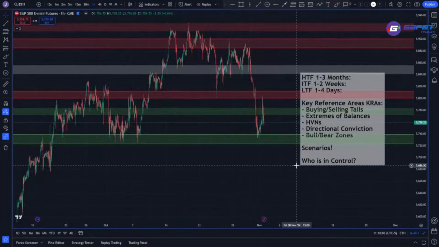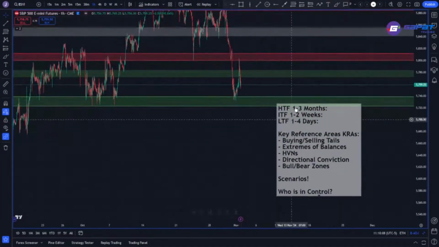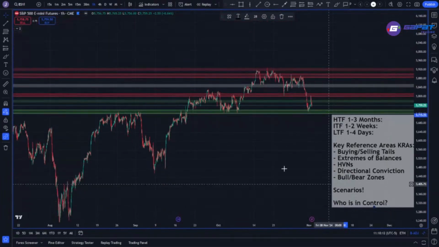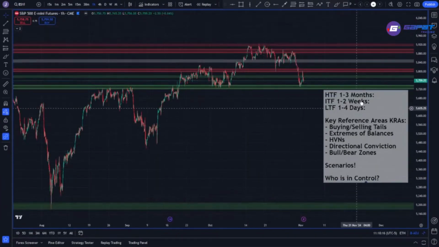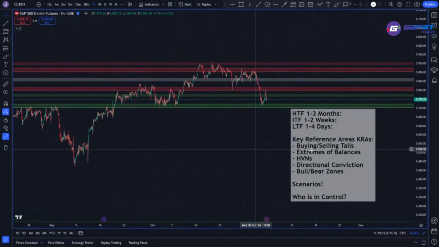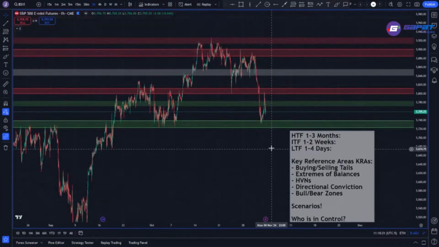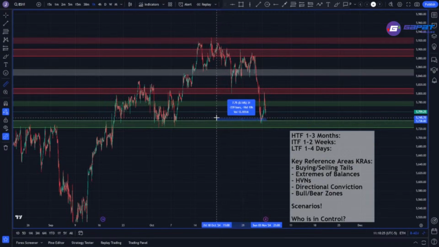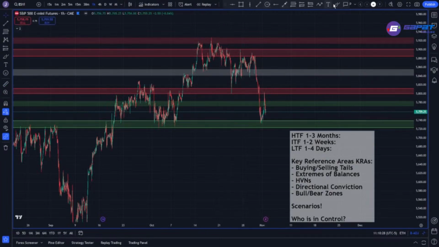So going back to the beginning here, if we're looking at the higher time frame, the last 1 to 3 months, the trend is going to be up. We're still in a strong uptrend on the higher time frame. But if we look at the last 1 to 2 weeks, let me go back 14 days, so it's around here, we will be bearish.